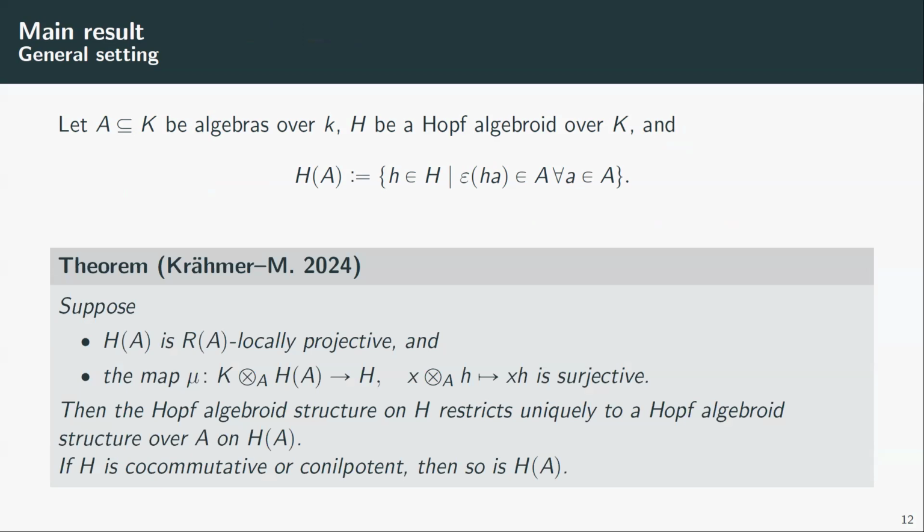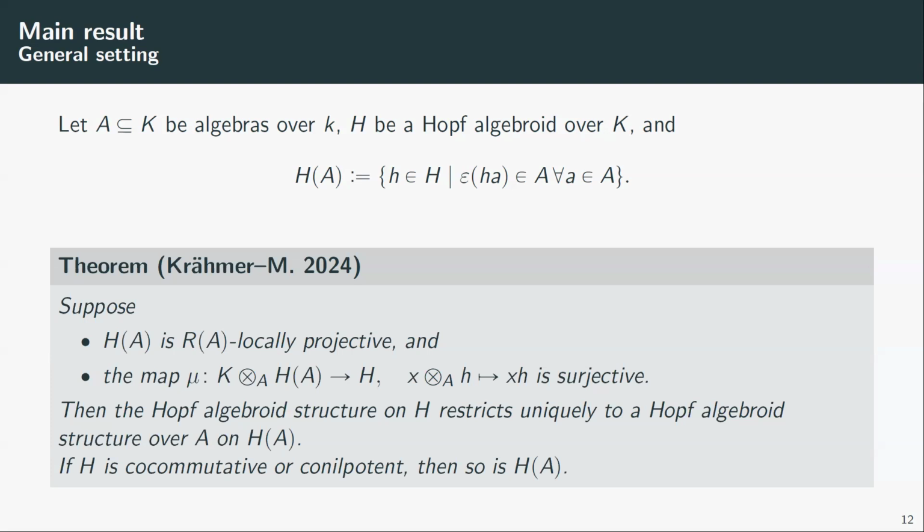Then we have shown that if H of A is R of A locally projective, and the canonical map from the tensor product with K to H is surjective, then the Hopf algebroid structure on H restricts to H of A. Furthermore, this restriction respects the co-commutativity and co-nilpotency.